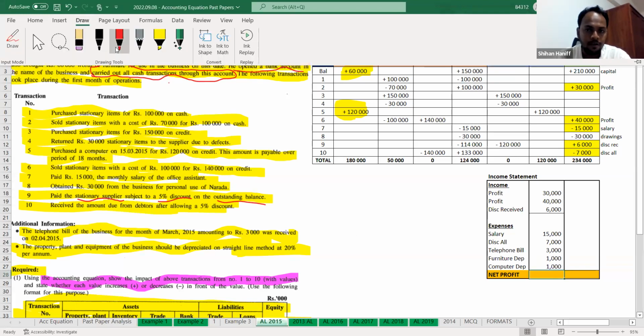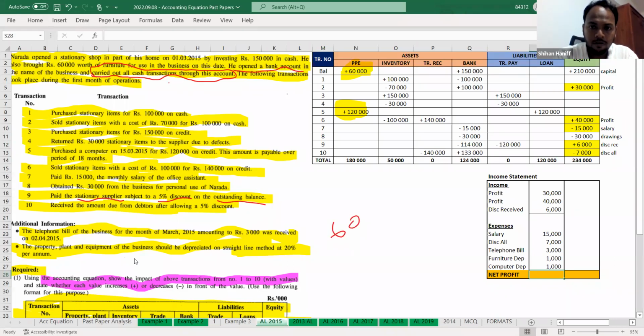There is a doubt to show the working. Working. Now, furniture: 60,000 into 20% into 1/12. Okay, that is furniture.